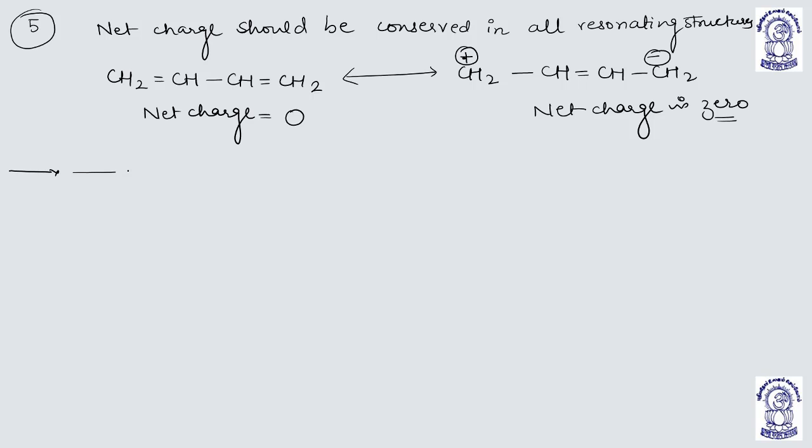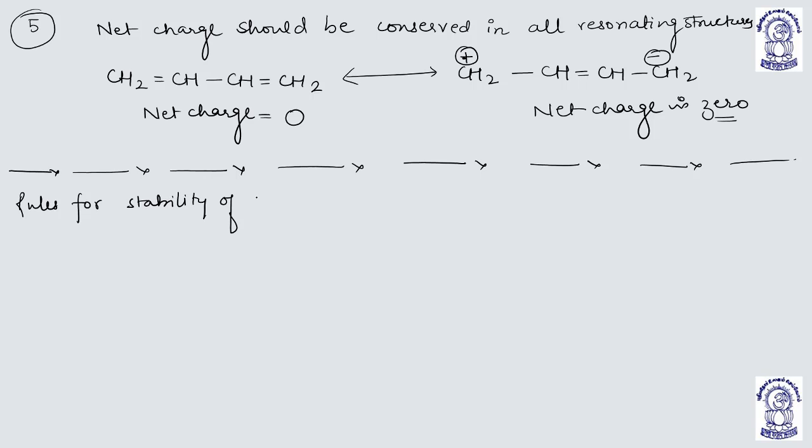Now, these are the rules for drawing a resonating structure. Then how will you get to know which structure is more stable? So, the rules for stability of resonating structures.